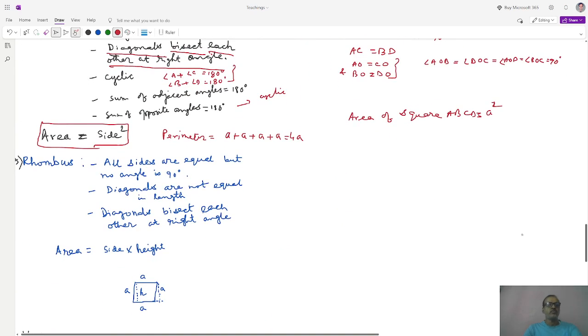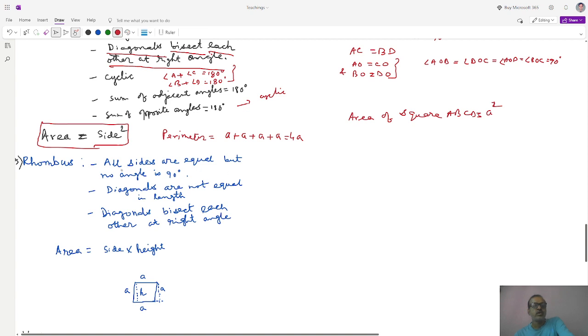Now we come to the rhombus. Rhombus is like a square but not a square, because a rhombus has no angle equal to 90 degrees.